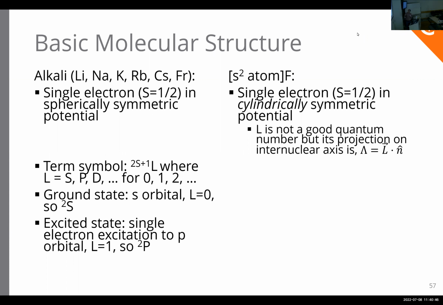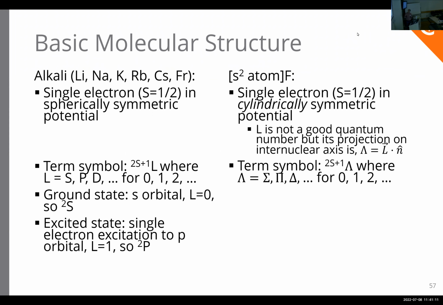In molecules, the electronic angular momentum L is not a good quantum number anymore, but its projection on the internuclear axis, n hat, is a good quantum number. The electrostatic forces along the internuclear axis force the electron spin to be quantized in that frame, as opposed to the lab frame.